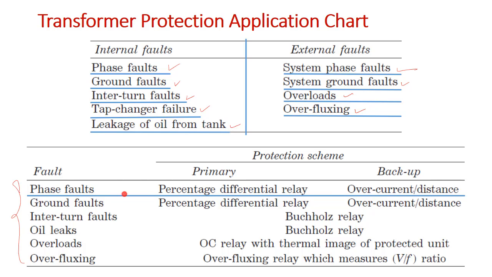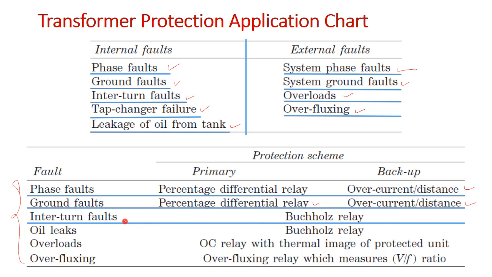For phase faults, as primary protection, the percentage differential relay is used, and for backup protection, an overcurrent or distance relay is used. Similarly, for ground faults, the same schemes are used: percentage differential relay as primary protection, and overcurrent or distance relay as backup protection.